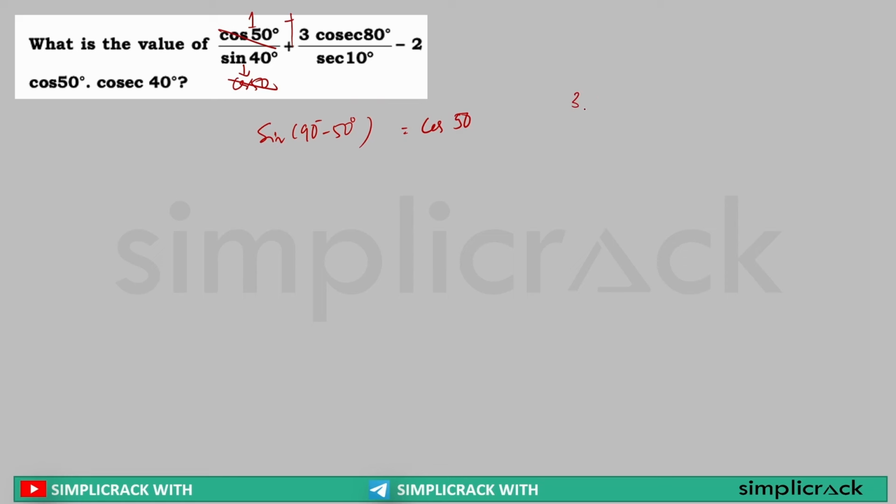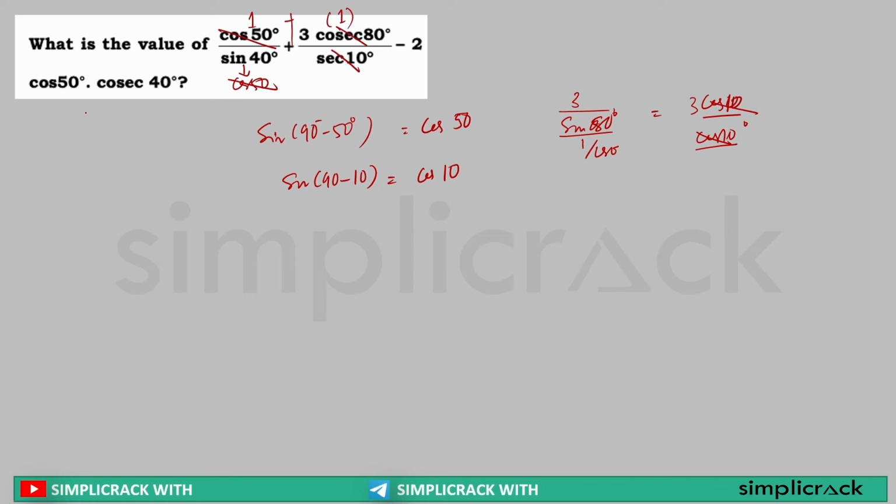So this can be written as 3 by sin 80, 1 by cos 10, or this can be written as 3 cos 10 by sin 80. Yes or no? Now sin 80 can also be written as sin 90 degree minus 10, that is equal to cos 10. So this value will be what? Cos 10. Now cos 10 is crossed out. So this will be 3 into 1.